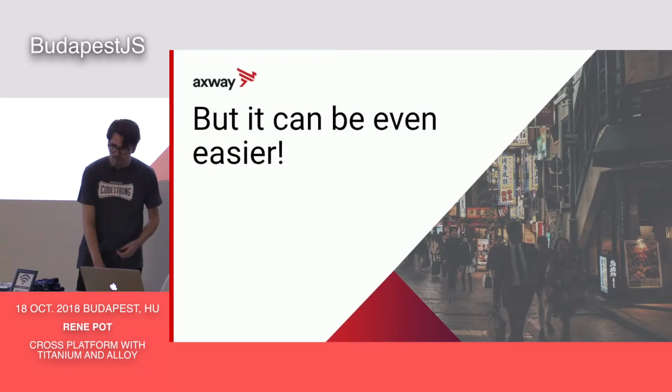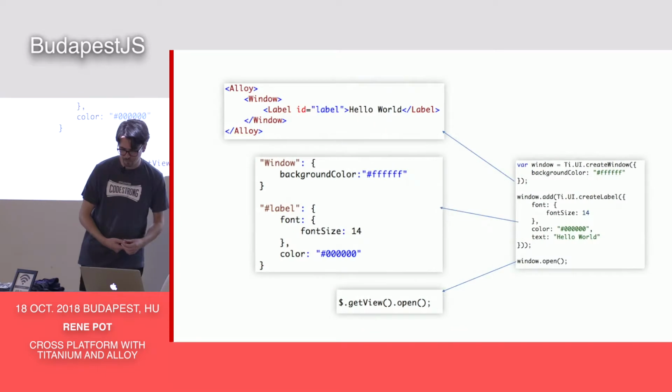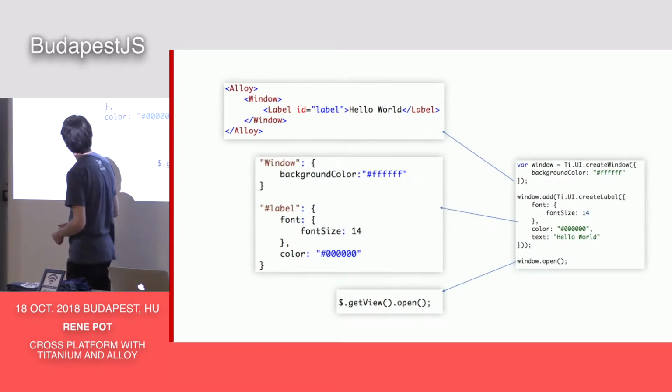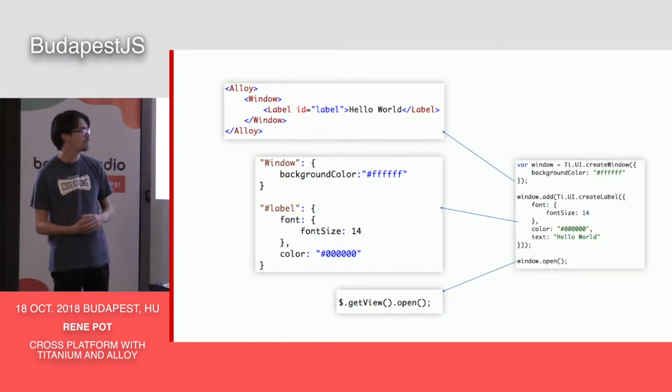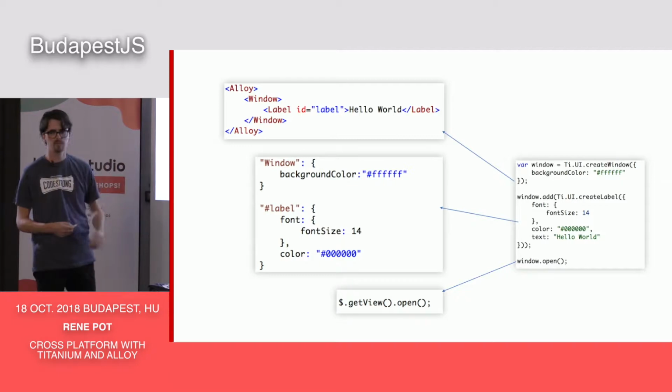It can be even easier now. There's Alloy, an open source MVC framework built on top of Titanium. The sample I showed earlier can be split up into three parts: you have some styling, you have the view, and you have the controller.